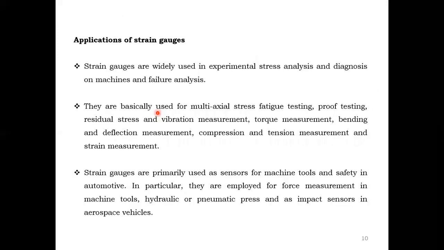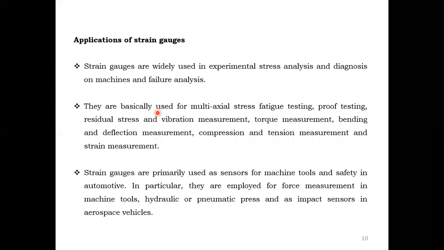Applications of strain gauges. Strain gauges are widely used in experimental stress analysis, diagnosis on machines, and failure analysis. They are basically used for multi-axial stress testing, proof testing, residual stress and vibration measurement, torque measurement, bending and deflection measurement, and compression and tension measurement.